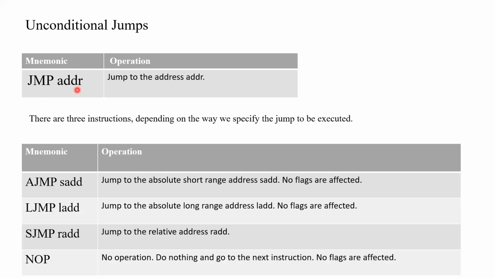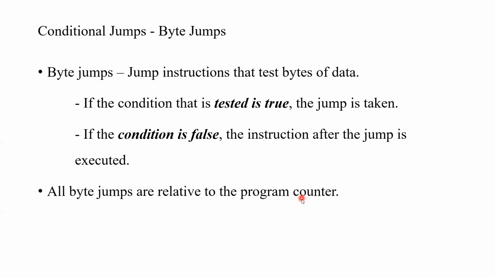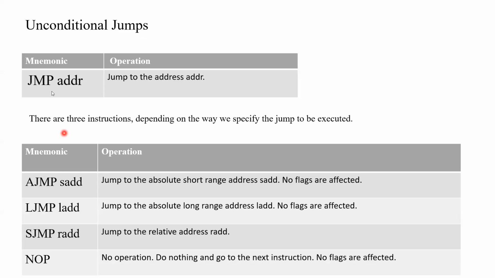Since we can have all three jump ranges, we have three instructions associated with JMP. The first one is AJMP addr. What do you mean by AJMP addr? Jump to the absolute short range address addr; no flags are affected.